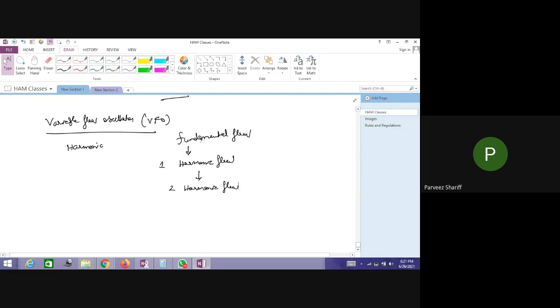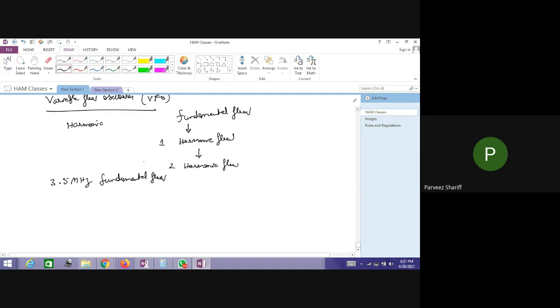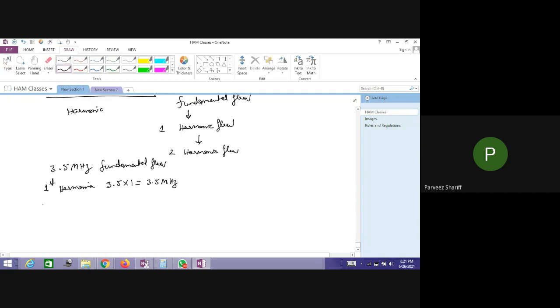Let's understand this. If the fundamental frequency is 3.5 megahertz, then the first harmonic is 3.5 into 1, which is 3.5 megahertz itself. The first harmonic is nothing but the fundamental frequency itself.